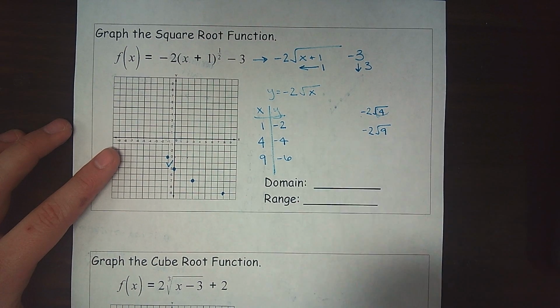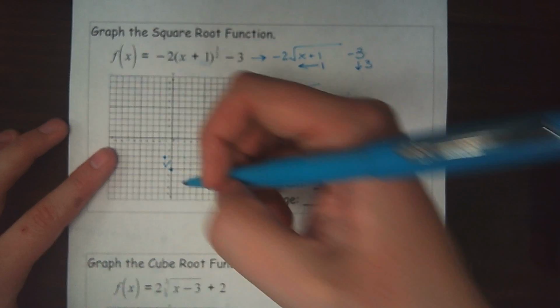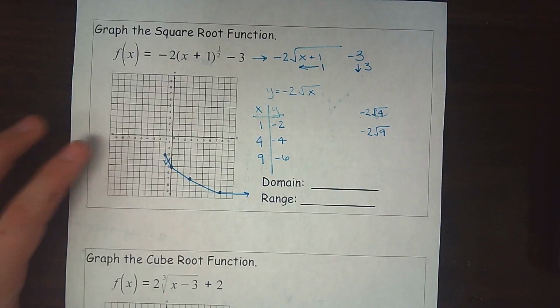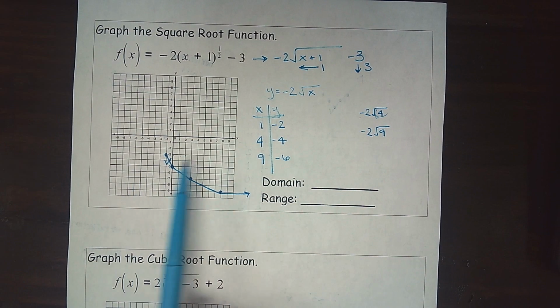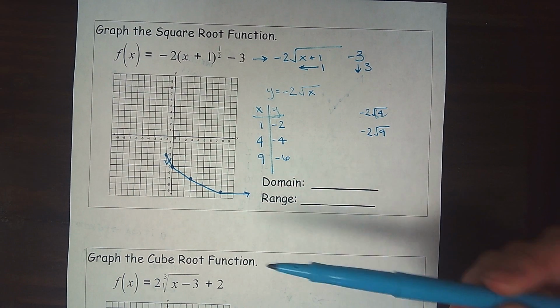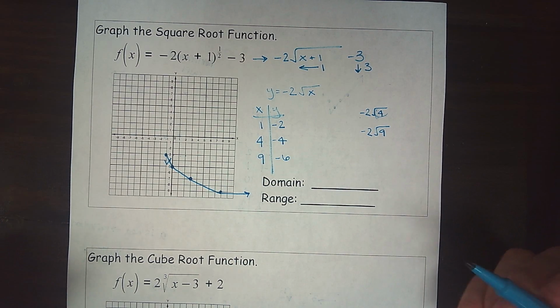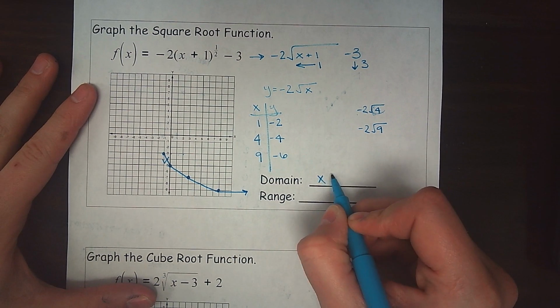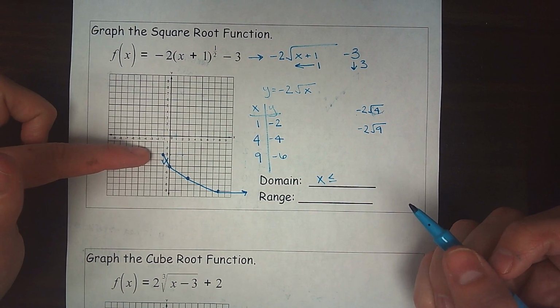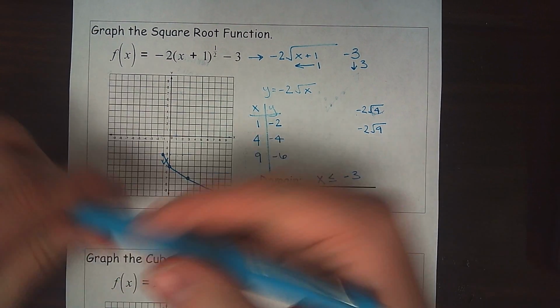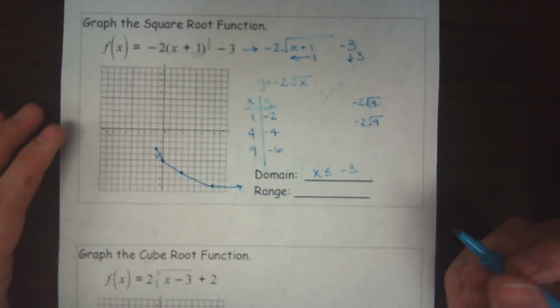So again, notice it's a reflection, it's flipped upside down, and it grew twice as fast. So my graph is going to look something like this. And again, it's going on to the right forever, and it is going down little by little as well. So our domain then, this time we want all the values that are less than or equal to negative 3, because we have everything under that negative 3.